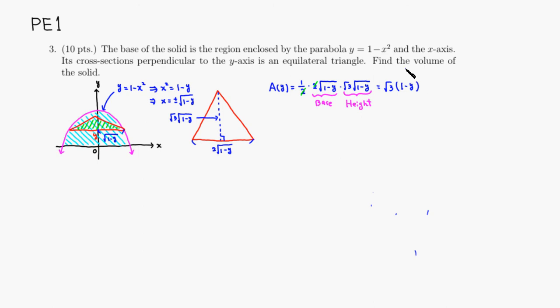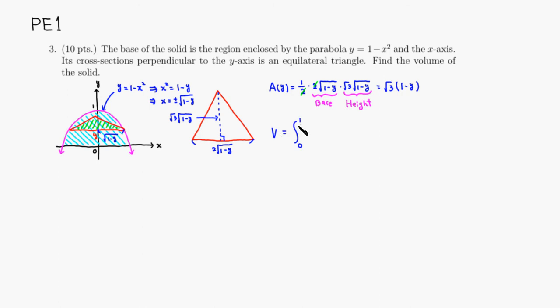So we got that. Then all you have to do is integrate that from y equals 0 all the way to 1, because the 1 is right here. So the volume, V, is simply the integral from 0 to 1.